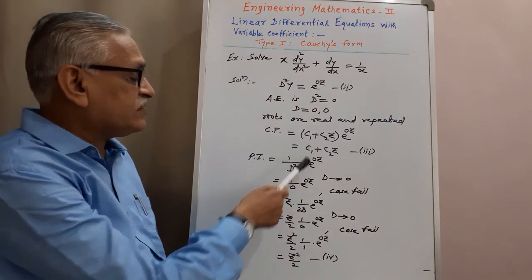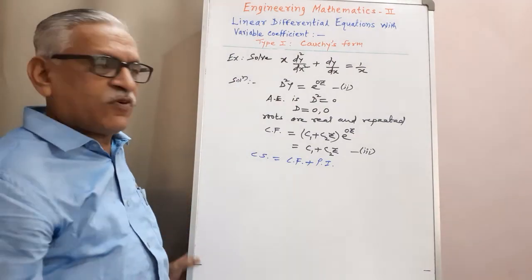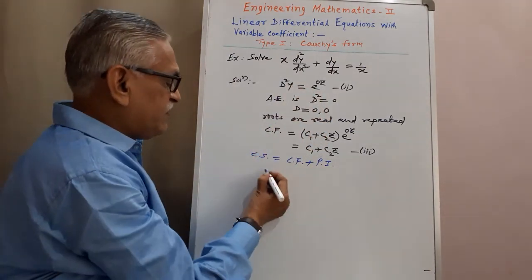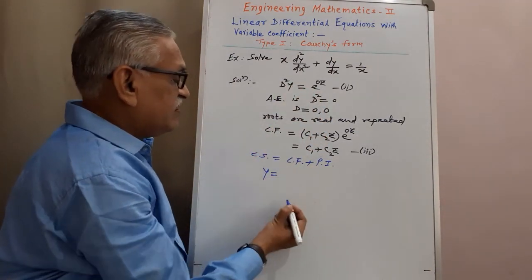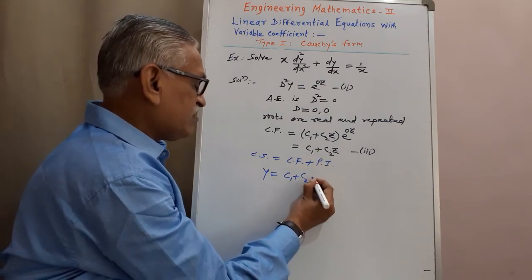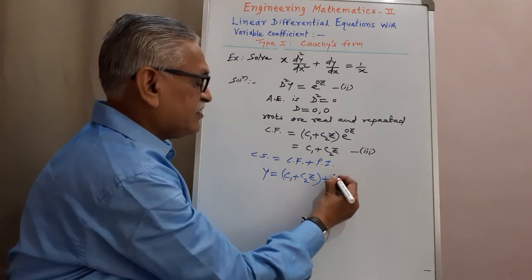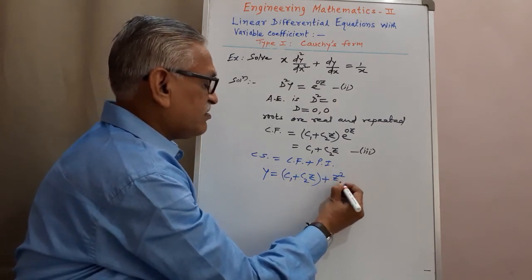Then we combine this CF and PI to get the complete solution. The complete solution is always for the dependent variable. Here the dependent variable is y. CF we have C1 plus C2 z, plus PI, it is z square by 2.